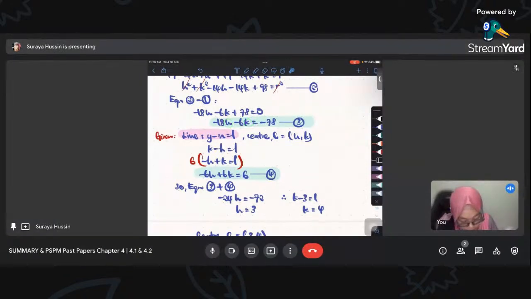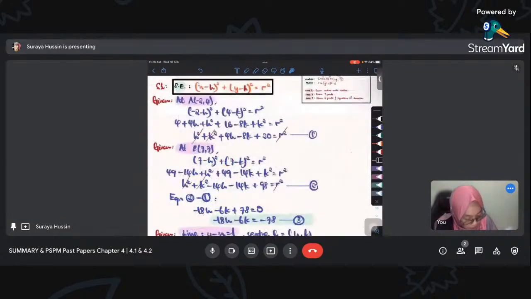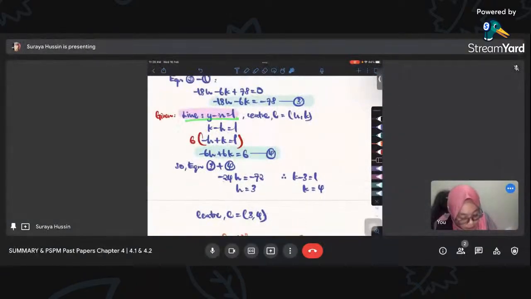Another equation is the given line, our diameter. The question says the center lies on the diameter line. Therefore, you can put H and K into the equation of the line. Into the equation of the diameter. And so you will get this.